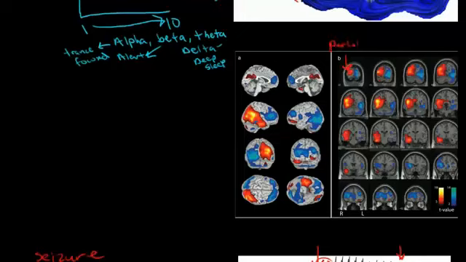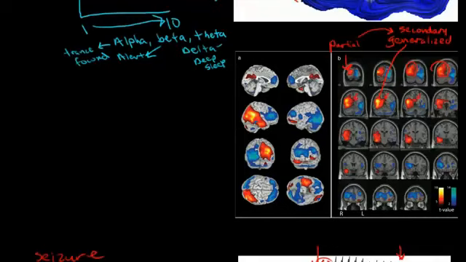It's growing in size and getting bigger. It's still a partial seizure because it's still on the right side, but now it crosses over to the left side a little bit, and a little bit more, and now it has become a generalized seizure. Because it started out as a partial seizure and became generalized, it is a secondary generalized seizure.